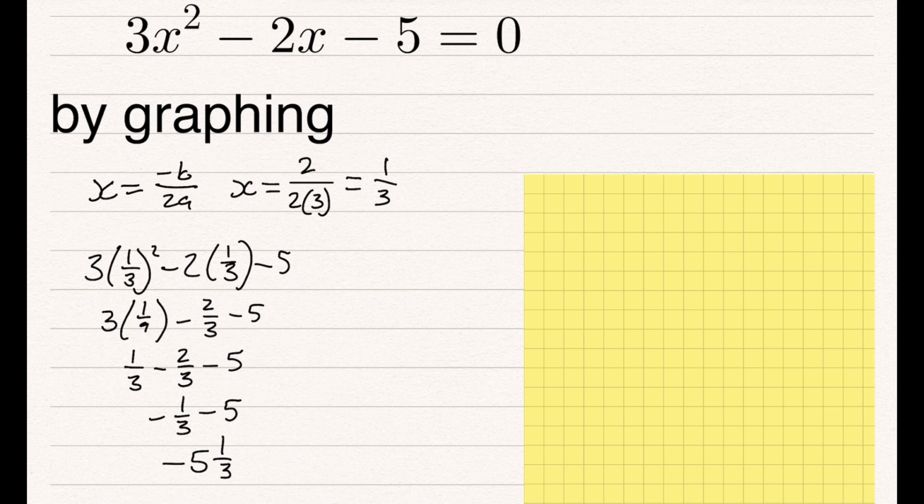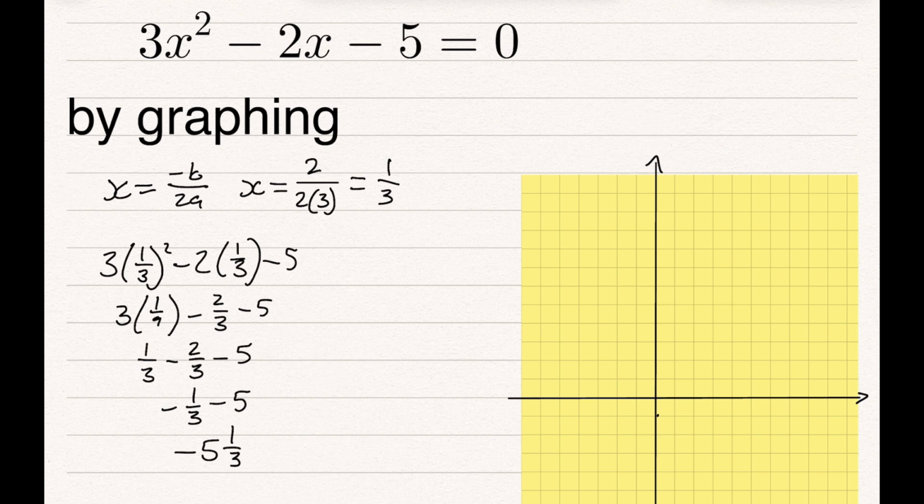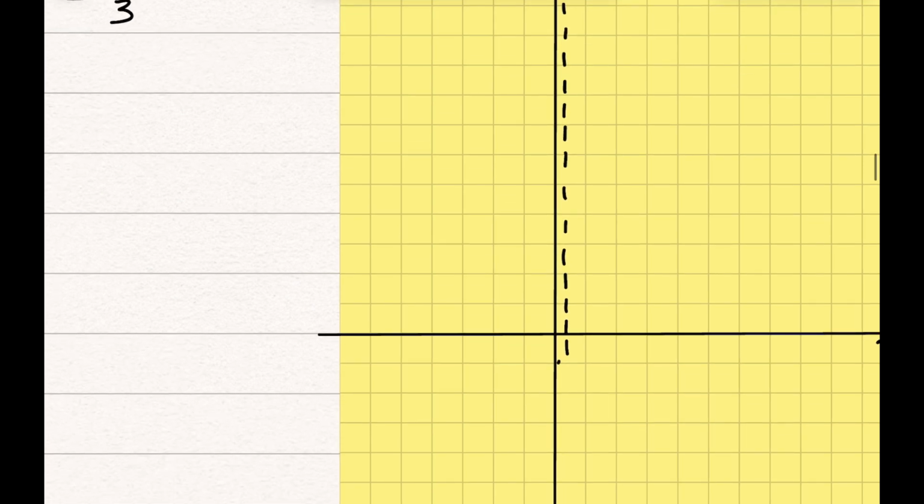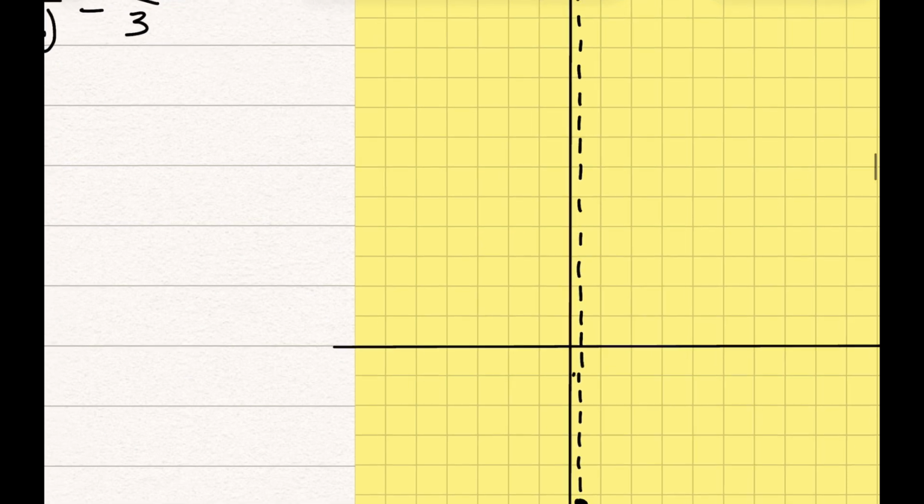So if we were to look at this, we have an upward opening parabola. So here, at 1/3, we have our axis of symmetry. And at negative 5 1/3 is our vertex. So there's our vertex.